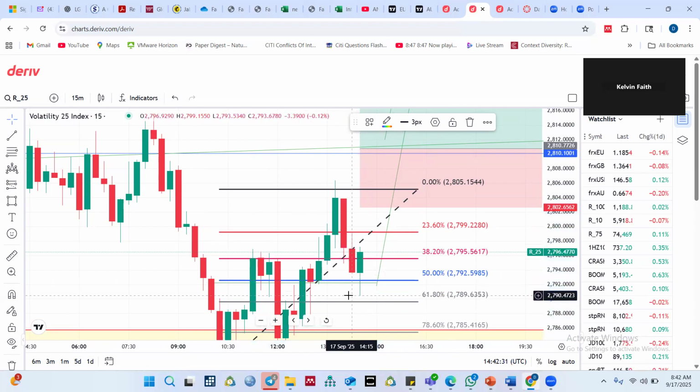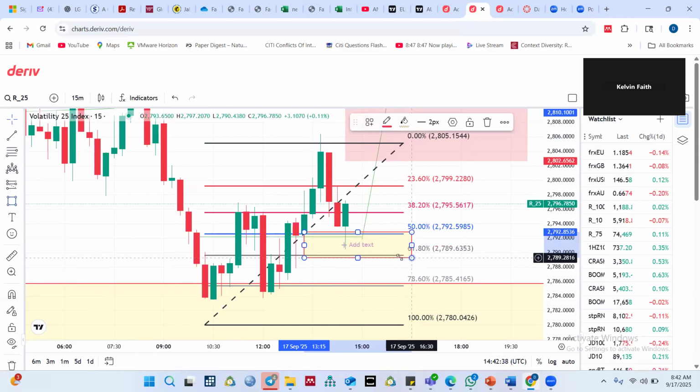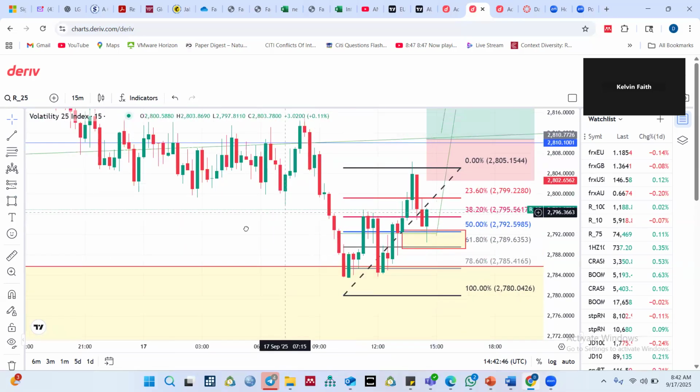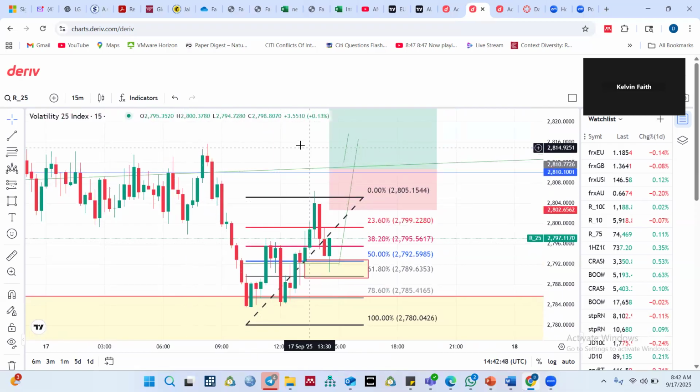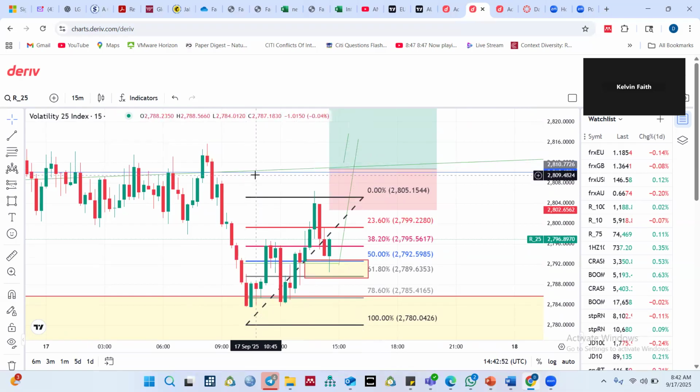We've gotten a 50% or equilibrium drop. Price dropped to the 50% zone. So let's see if it's going to keep going up. The buy signal is if price closes above the blue line and the trend line.